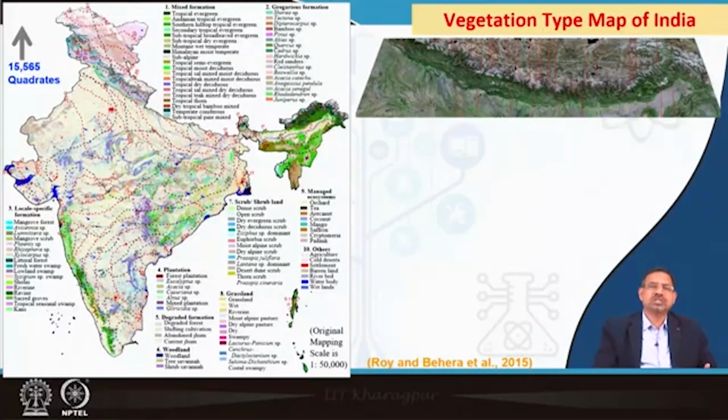So, you have a structural distribution of different forest types coming from the satellite-based reflectance, corroborated with the field or ground-based control points, validation points or sample data, and then you come out with a map that talks about the vegetation type distribution. So, this is the vegetation type distribution map shown before you, and it is used for several reasons.